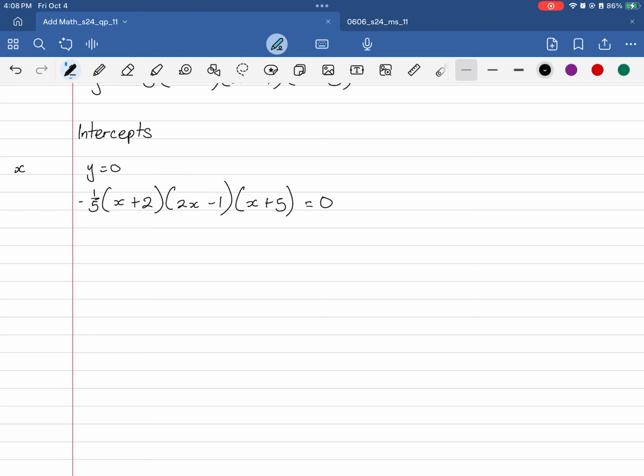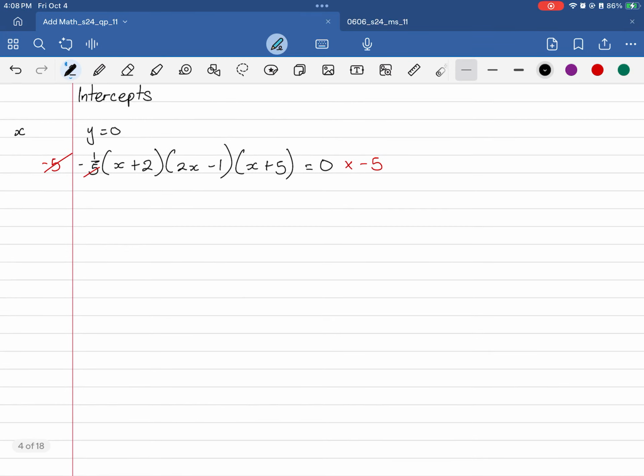Now you can multiply both sides by minus 5. That will take care of this right here, and this is just 0. So that goes away. So then you have x plus 2, 2x minus 1, x plus 5 equals 0.